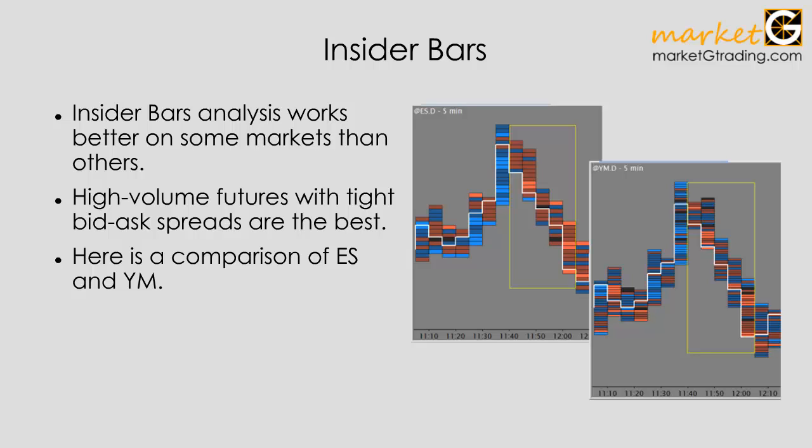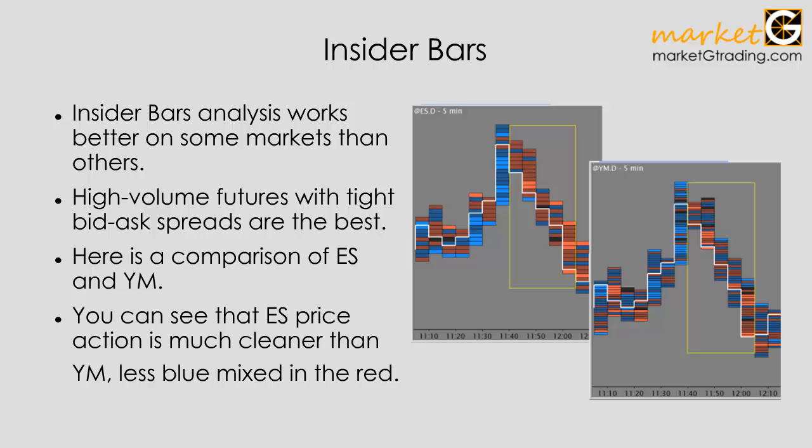And if you're not a futures trader, ES is a very tight, solid, low volatility market, and YM is kind of goosey and jumps all over the place. You can see that ES price action is much cleaner than YM. Less blue mixed in the red in this area I highlighted, which is a downtrend.